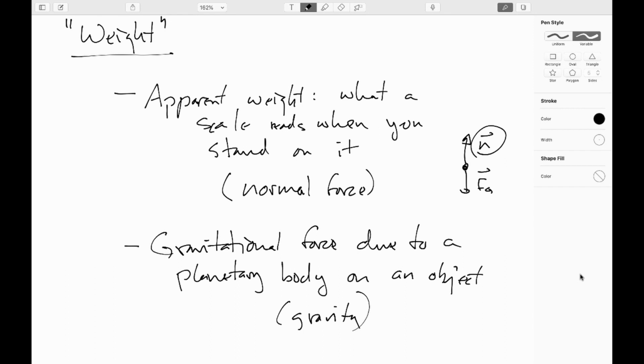If you have a problem where they talk about the weight of something, decide whether they're asking for the apparent weight or the gravitational force. If they're asking for the apparent weight, then we're talking normal force. And if they're asking for gravity, then we're talking gravity. Since we have universally agreed upon definitions for normal force and gravity, use the terms that are universally agreed upon.